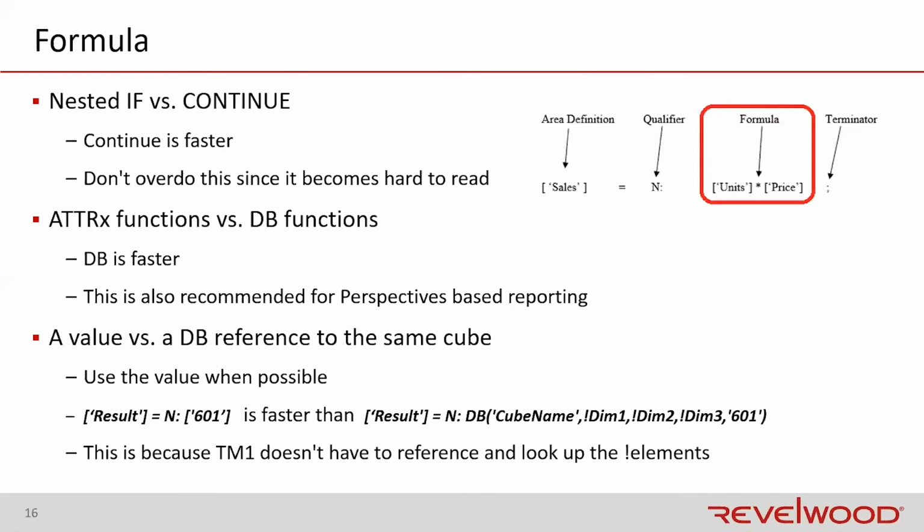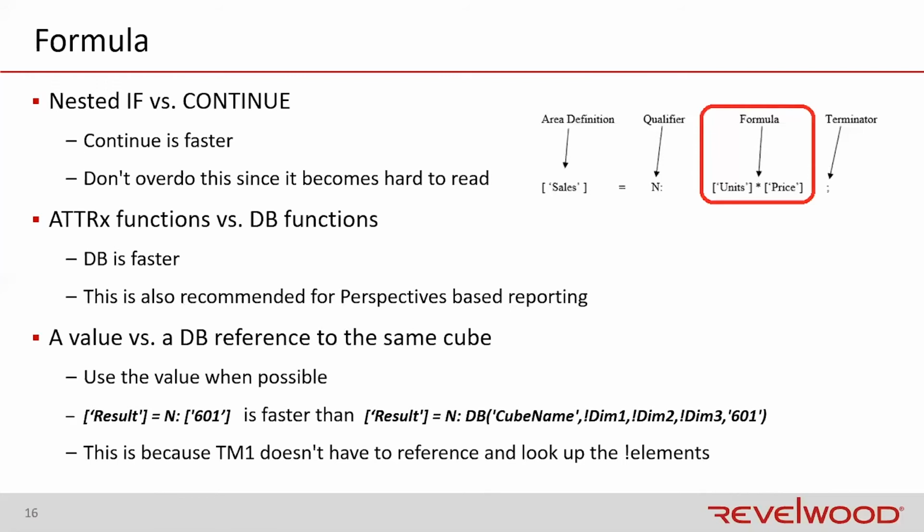Now, for those of you who've been using TM1 for a while, and I purposely said TM1, not synonymously, you're familiar with Perspectives. This also comes into play on the Perspectives side. When you're doing your DBRW formulas, DBRW will work much smoother than an ATTR formula.